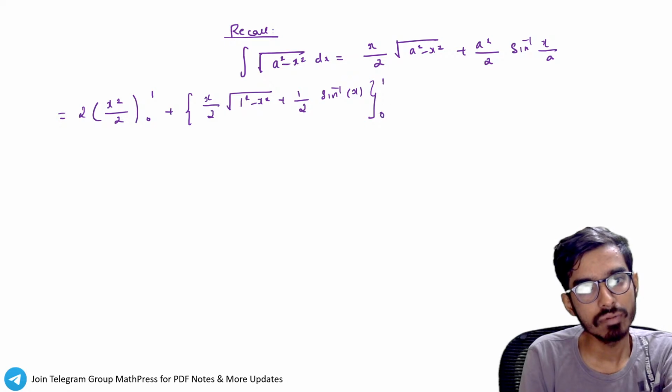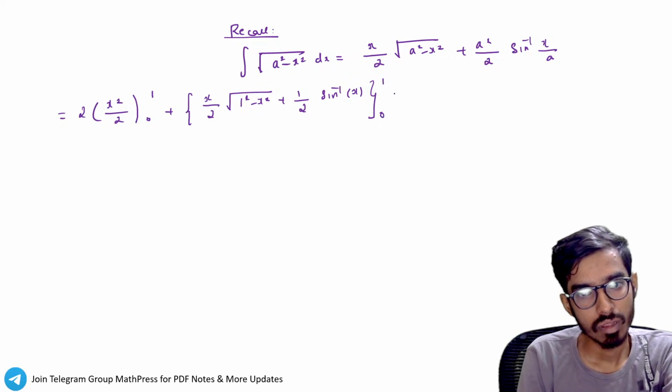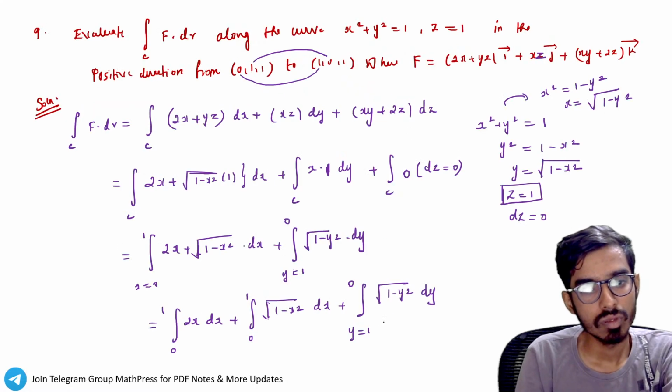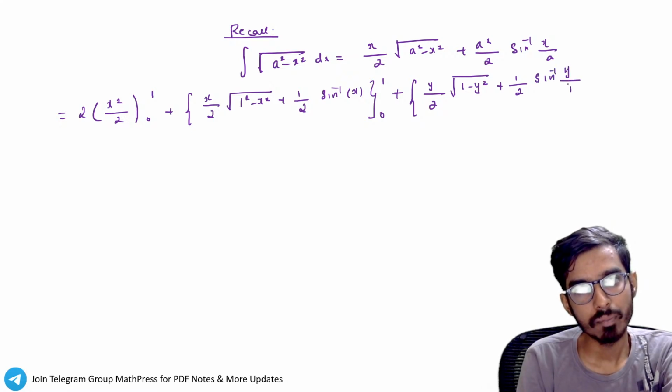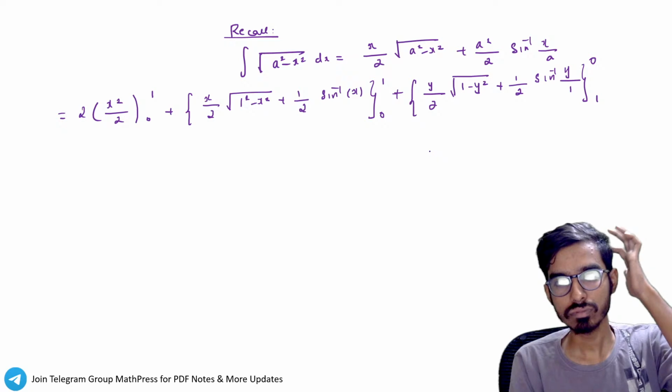Limit is 0 to 1. Here we have plus. Again, you apply the same formula here. So this will be y by 2 root of 1 minus y square plus 1 by 2 sine inverse of y by a. So a is 1, right? So y varies from 1 to 0.